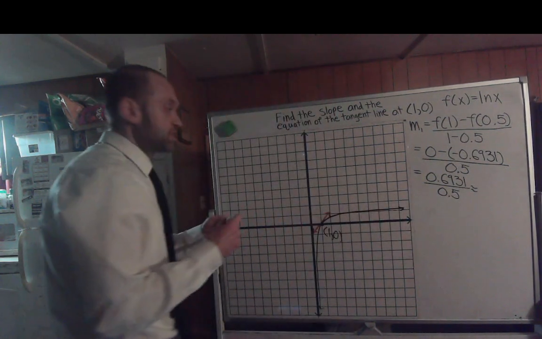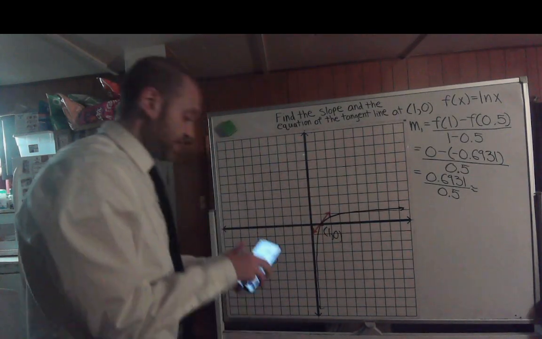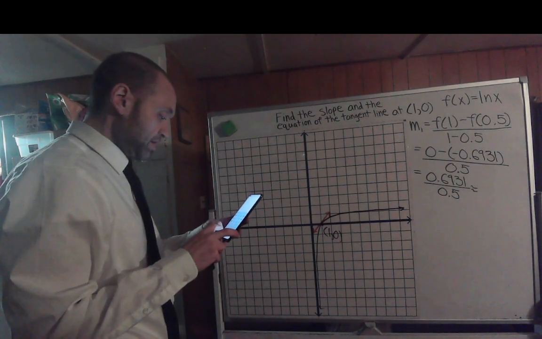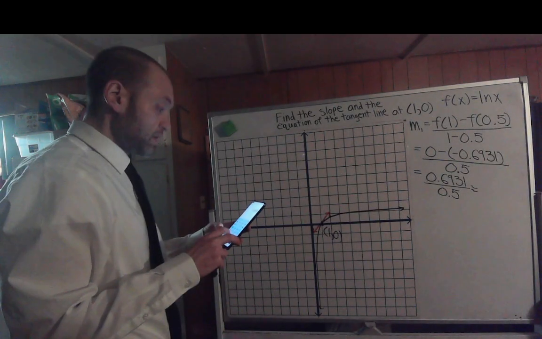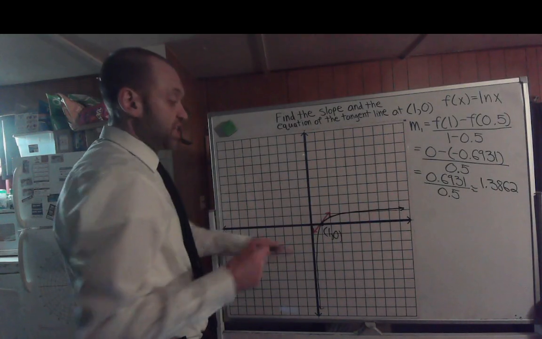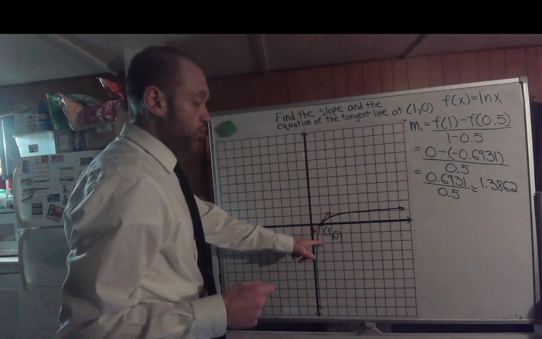Let's see what the approximate value is for the slope of your first secant line. You get approximately 1.3862. That's just for the secant line from x equals 0.5 to x equals 1. Again, this is a decimal approximation, so that's just your first secant line.